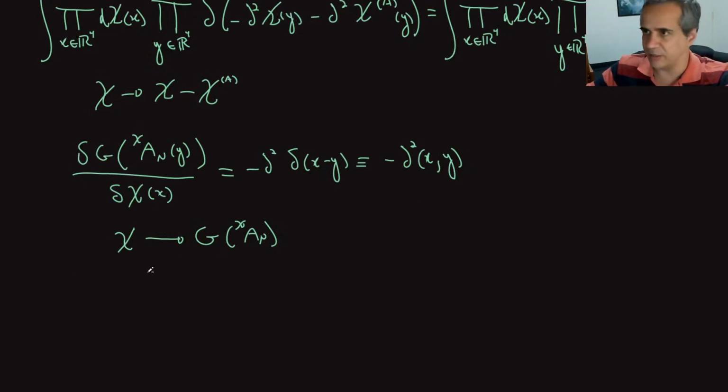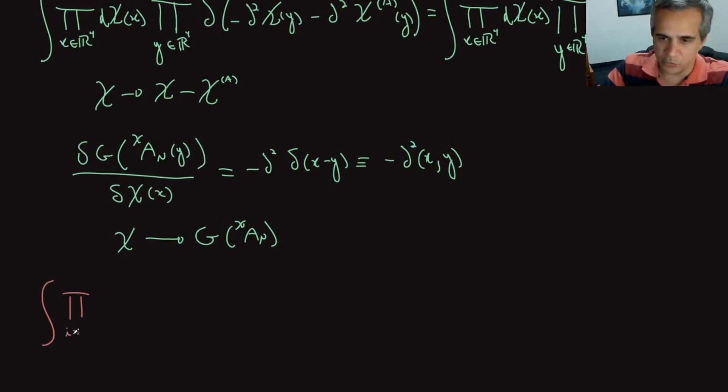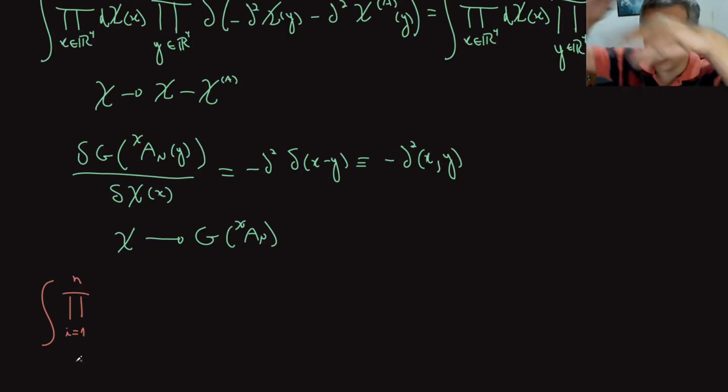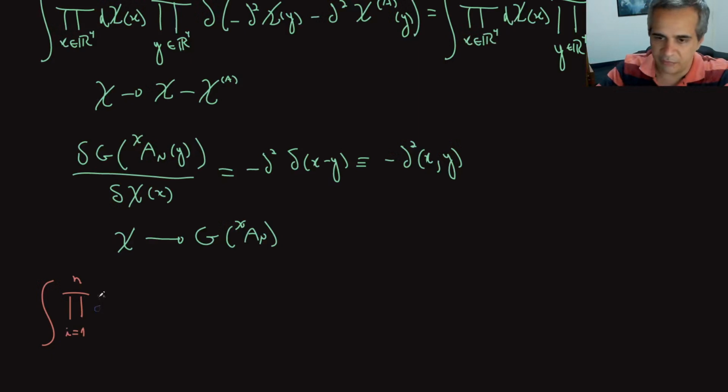What is going on there, I will rewrite this integral here in a discretized version. Let me just put i goes from 1 to n. This is running over all space-time x here. Now I just put an index and discretize this space and use an index to cover the whole thing. And I have integrals for chi of position i. And this second set of integrals is the same thing again for a different index, let's call it j from 1 to n, but it's covering the same space.